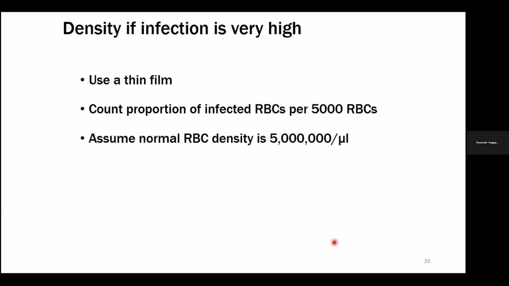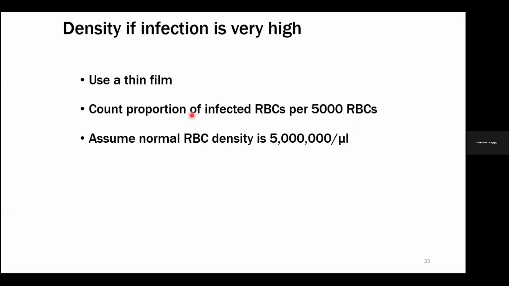How many infected red blood cells are there in a total of 5,000 red blood cells? What you get, you multiply it by 5 million, because this 5 million is the average red blood cell count per microliter.